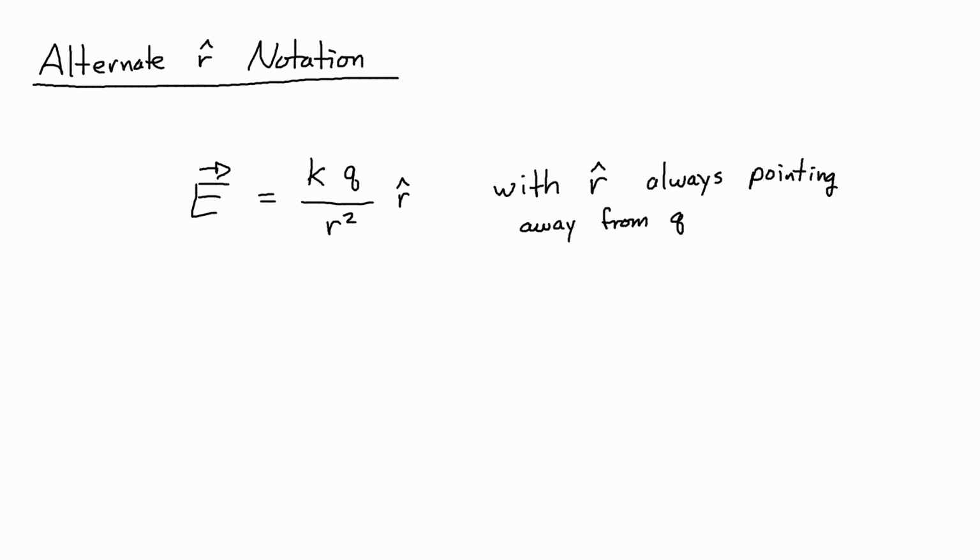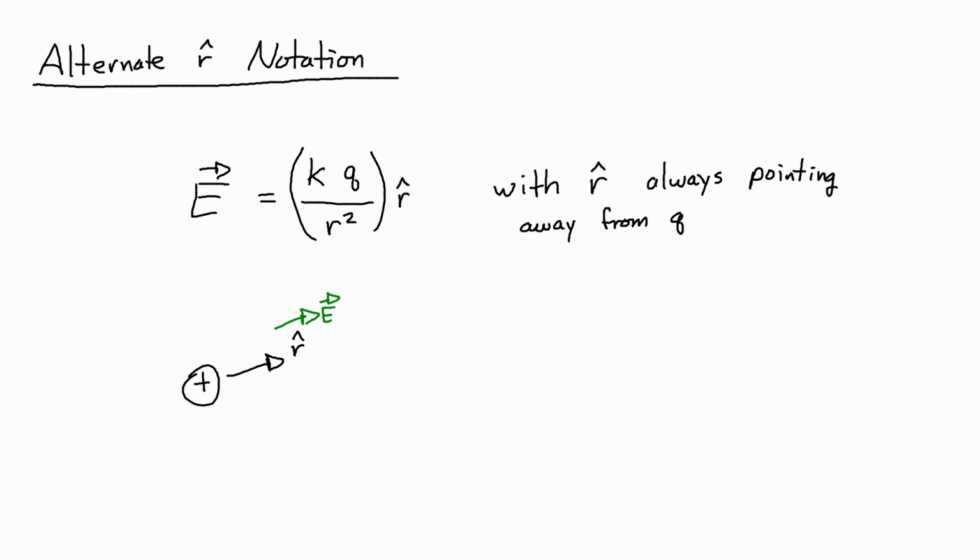Now you probably remember from the example that we just looked at that in some cases, for negative charges, the electric field points towards the negative charge. And the way this works then, if, for example, we have a positive charge and then we have r hat as a vector, then the part in the middle, kq over r squared, will be positive. And that gets multiplied by r hat, and then you'll get a value for the electric field at some point.